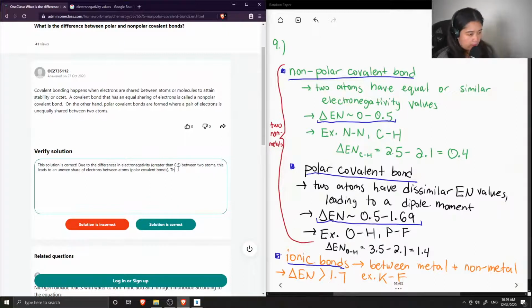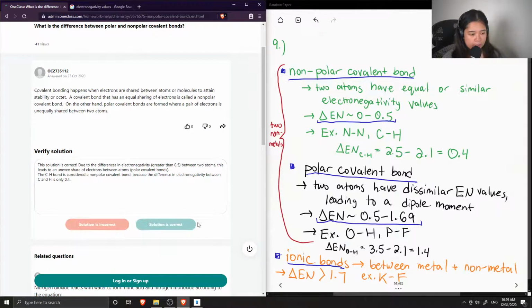Then I'll also add that the carbon-hydrogen bond is considered a nonpolar covalent bond because the difference in electronegativity between carbon and hydrogen is only 0.4. But this solution is correct.